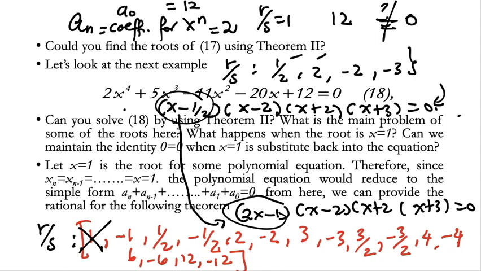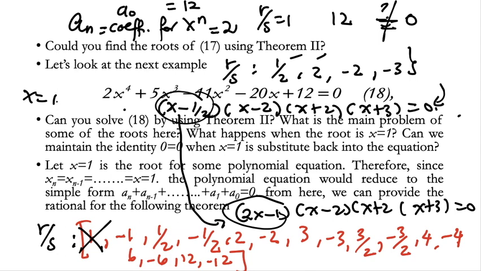Clearly, in this example, we found that when r over s is 1, it's not the root for expression 18, isn't it? Now, the next thing is, what if the value of the root is x equal to 1? All right, let's say x equal to 1 instead.